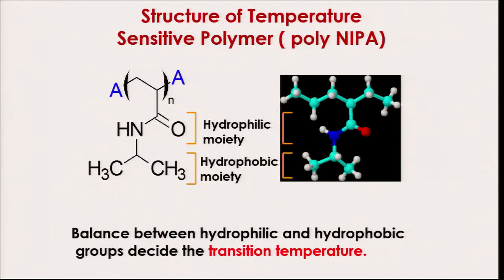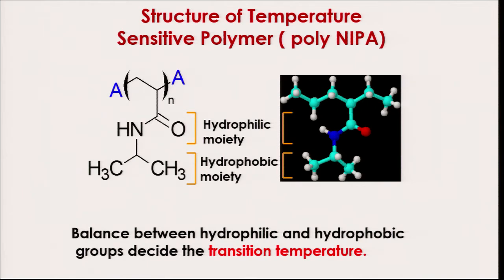So, before we do that, I would like to introduce to you the most popular stimuli sensitive polymer, that is poly-NIPAM. Poly-NIPAM means poly N-isopropyl acrylamide. The structure of this is given over here on the slide.